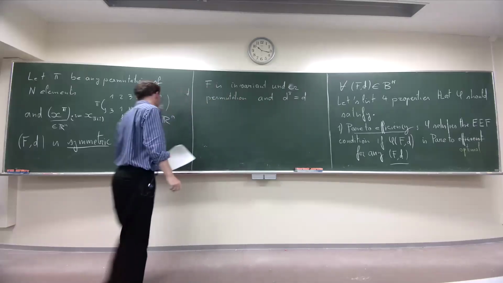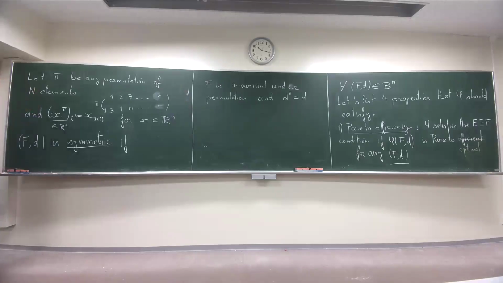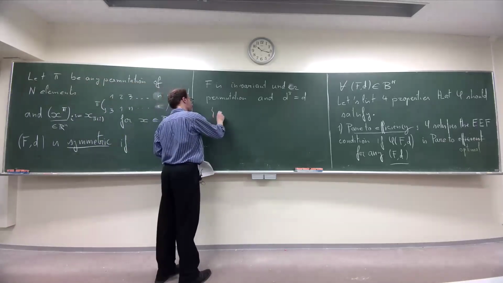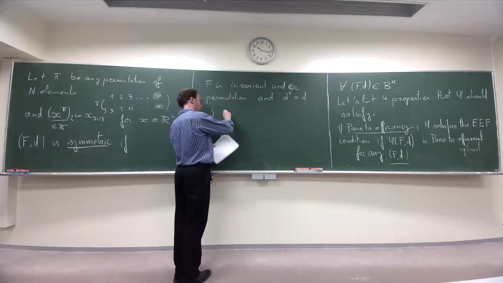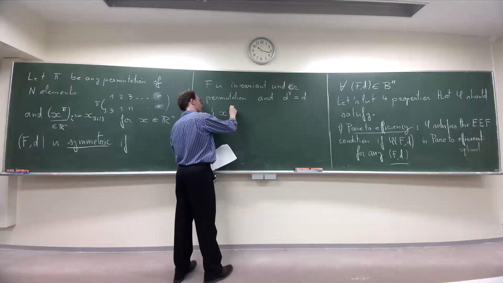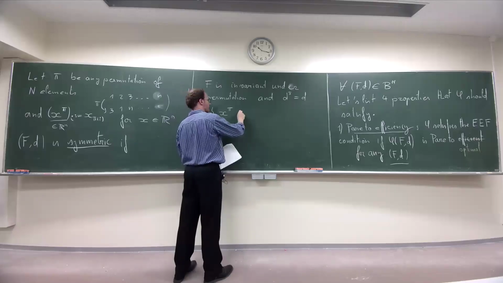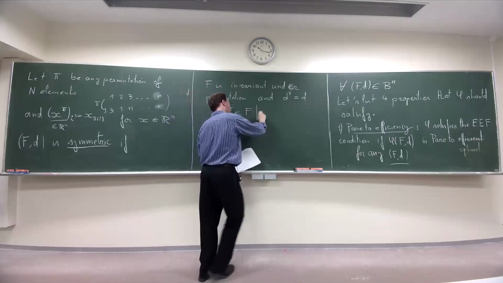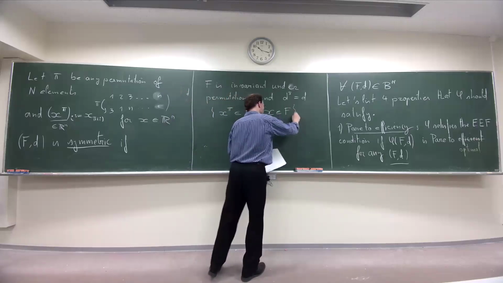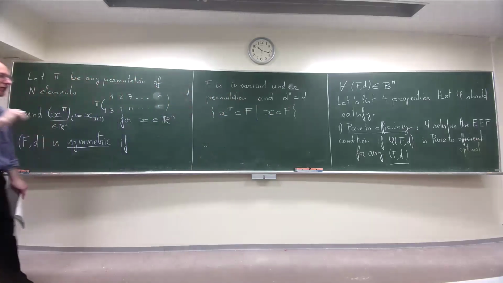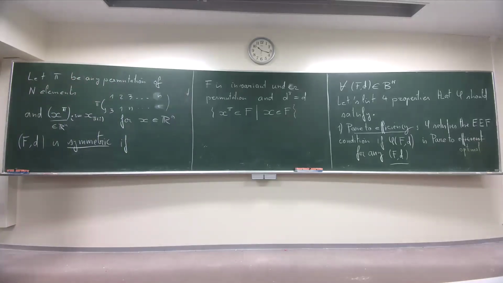So it means d is also invariant under any permutation. What does it mean that F is invariant under permutation? It means you look at the point x pi, and this has to belong to F for any x in F. This is the notion of invariance. Take any point in F, apply this permutation, it has to be again in F. You can make a small picture of what invariant under permutation means. You will see that the subset has a notion of symmetry.